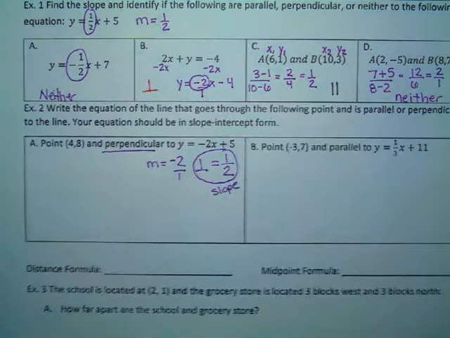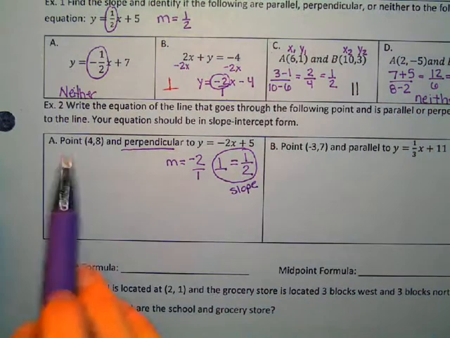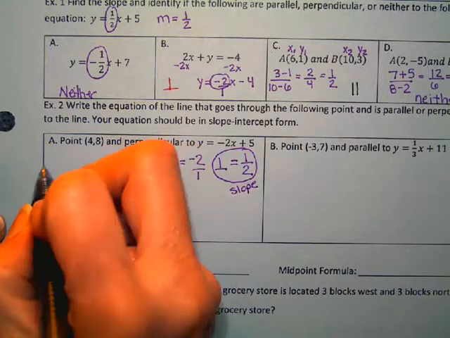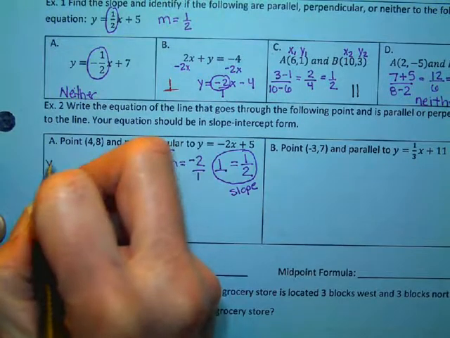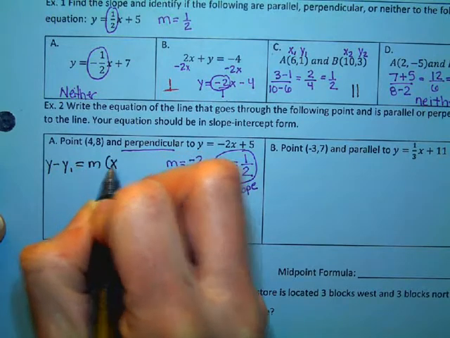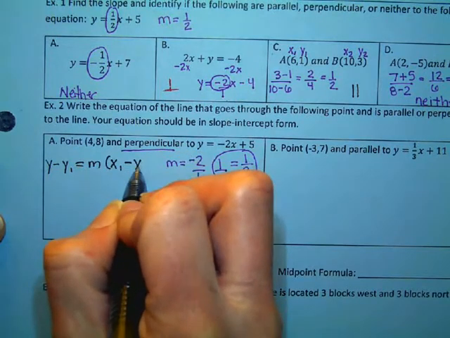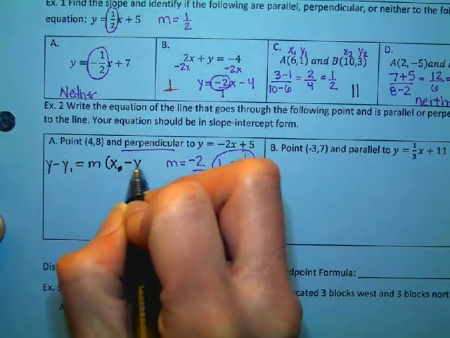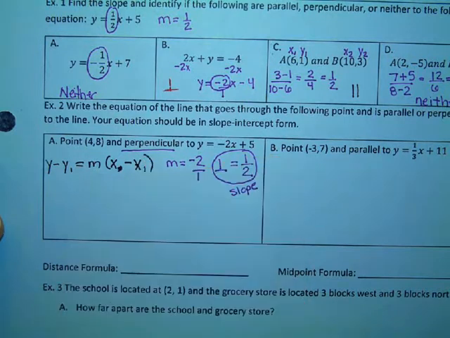To start, we have a point and we have a slope, so we're going to do point-slope form. This is your point-slope form. Alright, it's x minus x1. Got carried away there.